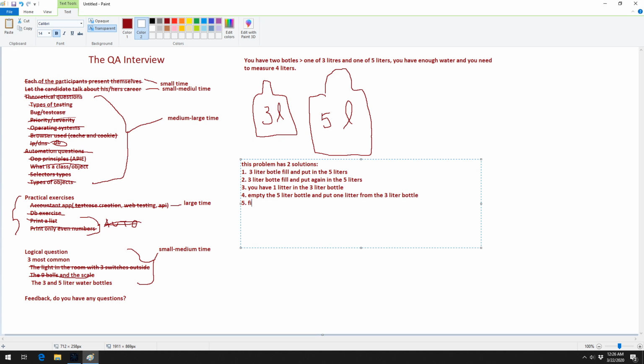Fill the 3 liter bottle again and then put it in the 5-liter bottle, which now results in 4 liters of water in the 5-liter bottle.